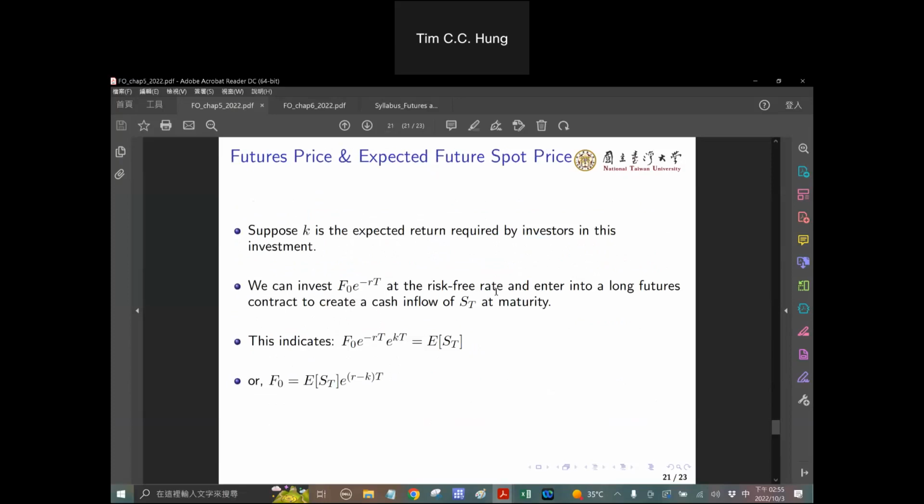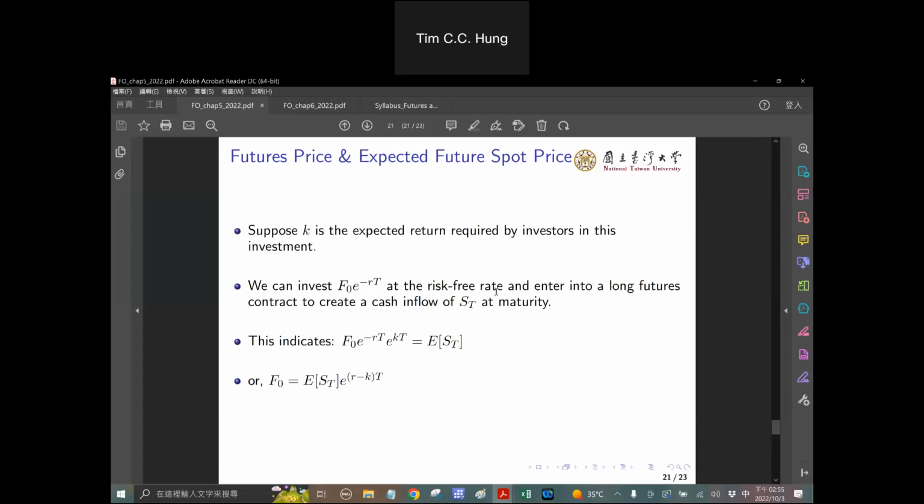Now let's talk about the last few slides. So far, the main focus of this chapter has been how we pin down that specific futures price. How do we know what the futures price is? And again, what is the futures price? It's, standing at today, a negotiation about some predetermined future time period: what should be the price to conduct a transaction of an underlying asset at some dollar value?